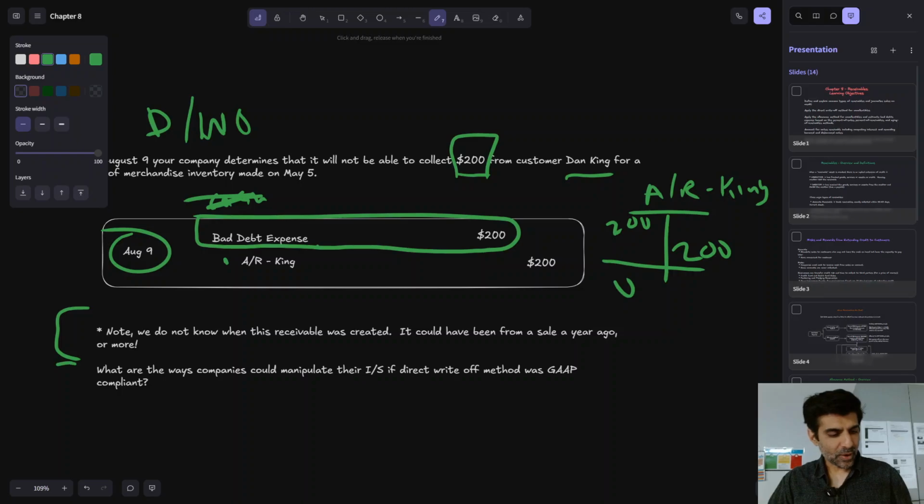So I think we've talked about this. What are the ways we could manipulate our financial statements? A company could just generate a bunch of revenue by having some customer that is not credit worthy. You could argue these AI companies are doing this now.